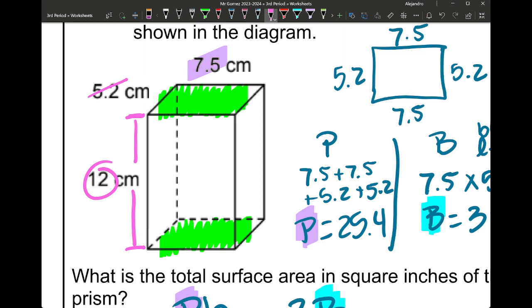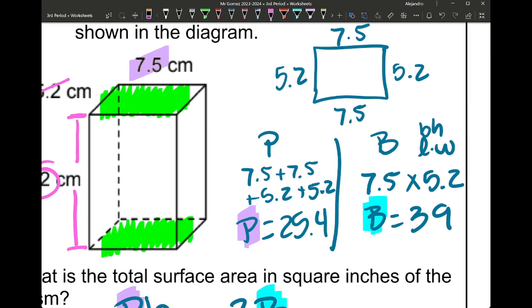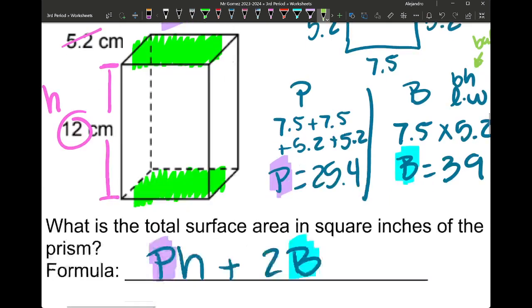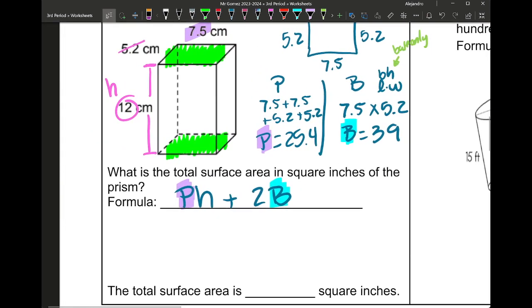And that is the height of the prism. And that's what I'm looking for. And I don't want you to get it confused with this height. This height is for the base only. Okay? They're different. So now let's go back over here for P. What did I find to be my P?